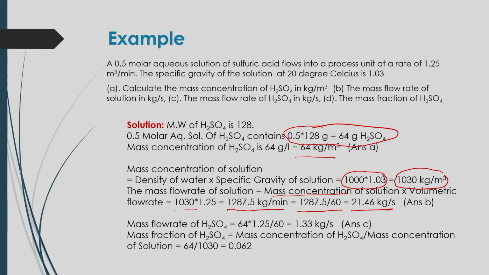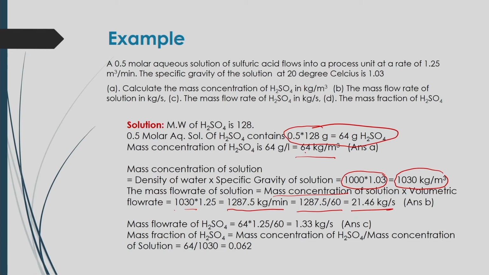The mass of sulfuric acid in the solution will be 64 gram, and if you make the mass concentration 64 kg per meter cube and multiply it by the flow rate of the solution, then you can easily calculate the mass flow rate of sulfuric acid.